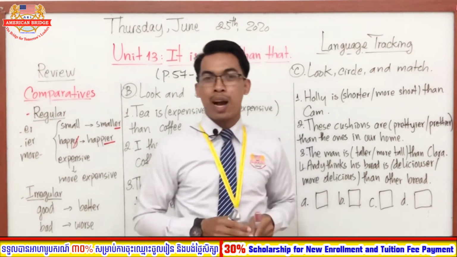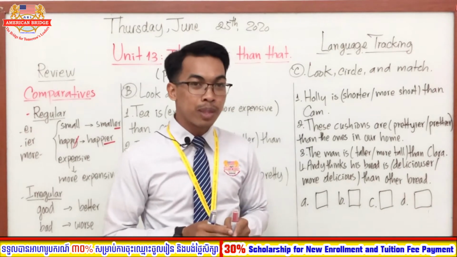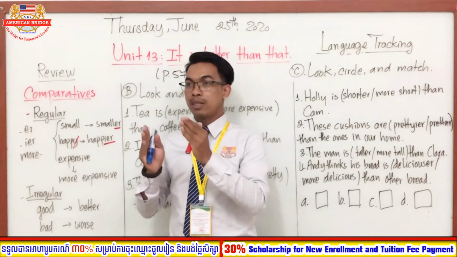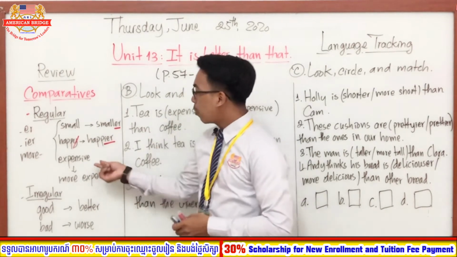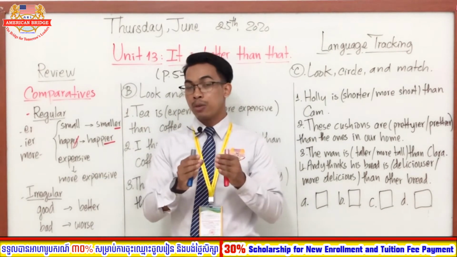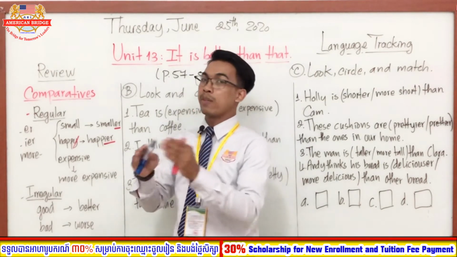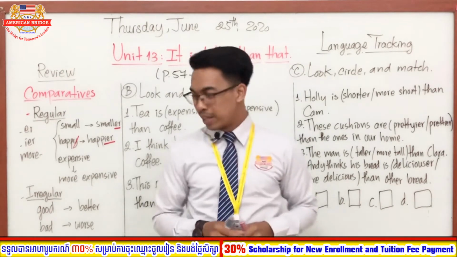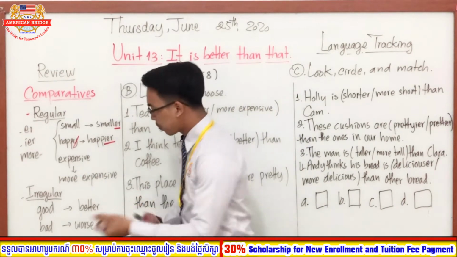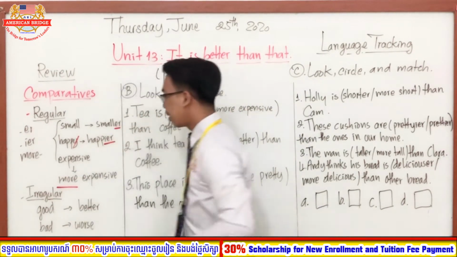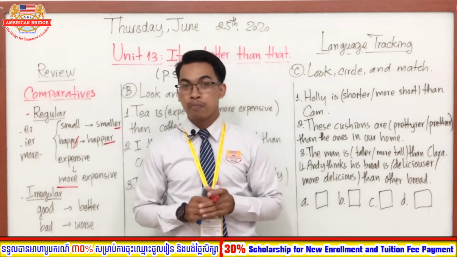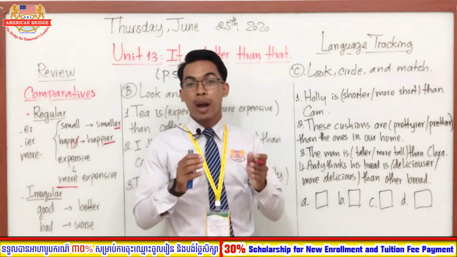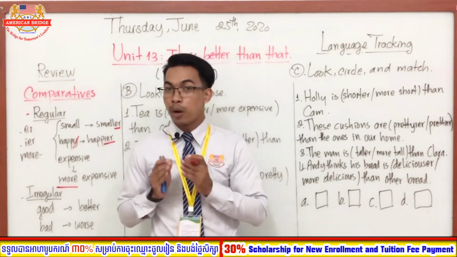Expensive has three syllables. So we just add more to the beginning of the word expensive, and it becomes a comparative adjective. So, more expensive. You got my point, everyone?